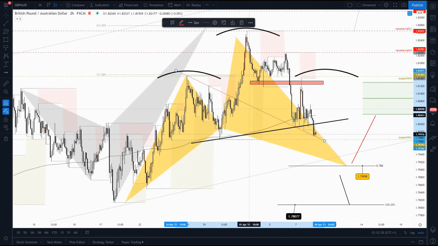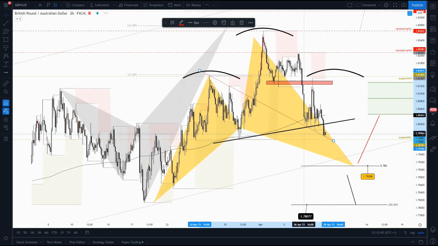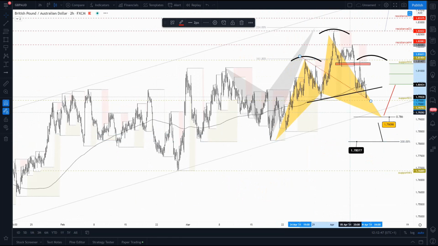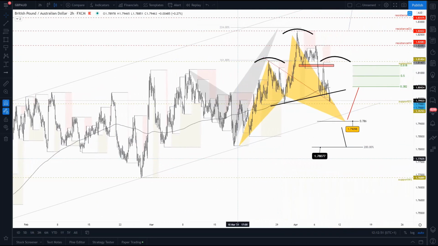So for now, the market is retesting this trend line resistance, turning it into a support. It's necessary to turn it into a support in order to bounce from this price zone.